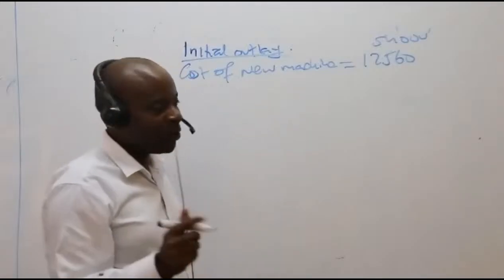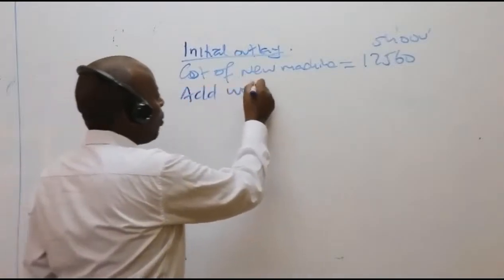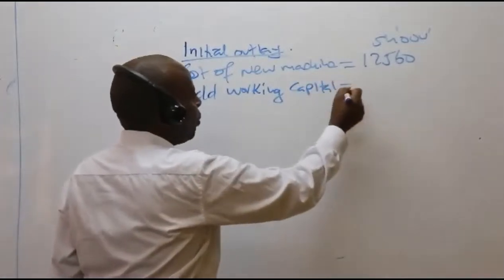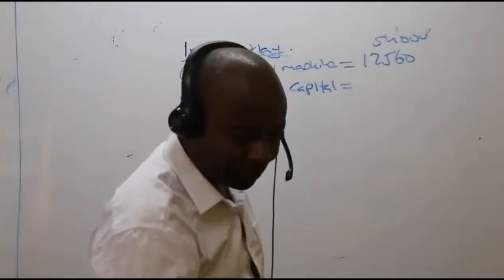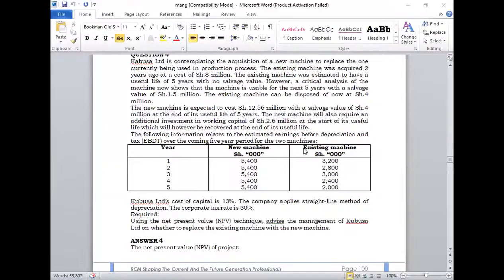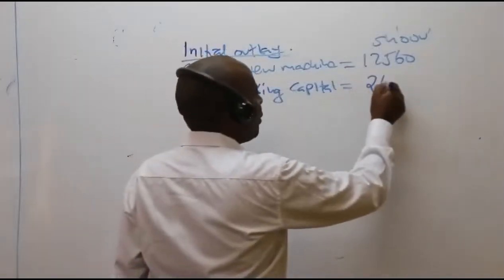There is working capital. So in this case, add working capital of how much? Of 2,600. There is additional working capital of 2,600.